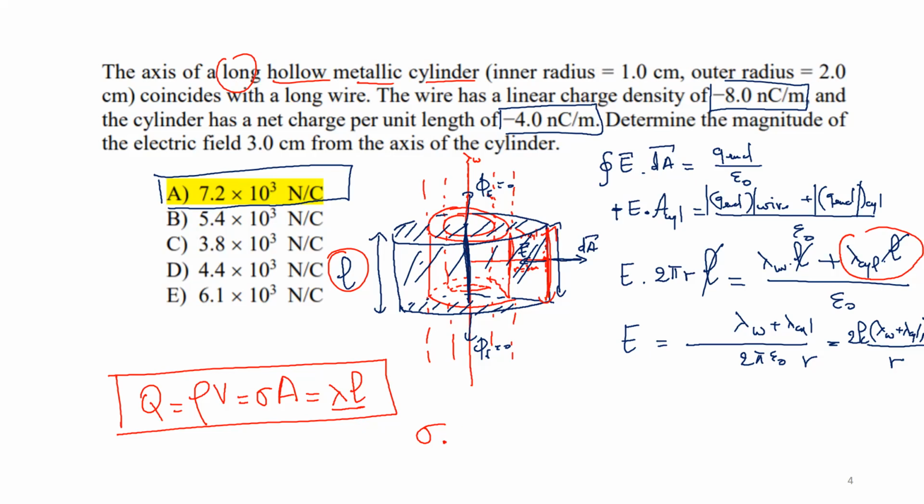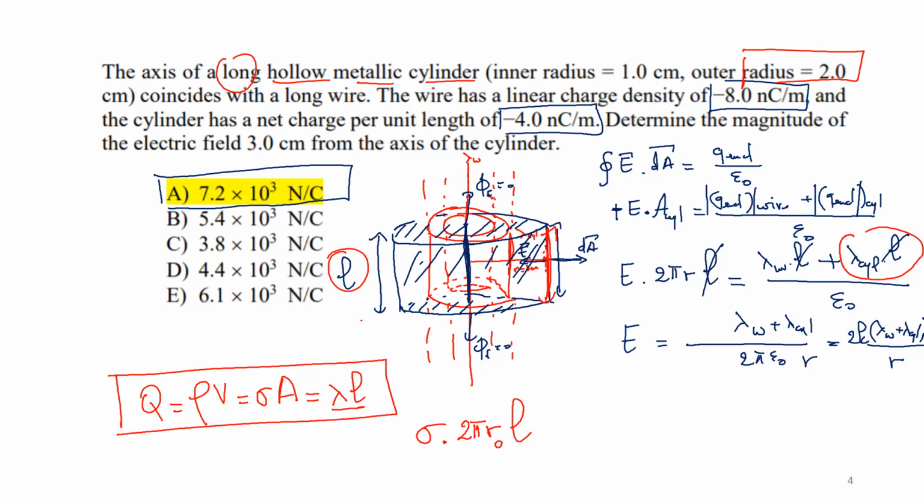Of course, I'm talking about the outer surface. So what is the area? It is 2 pi multiplied by R outer, which is 2 centimeters, multiplied by the length L.